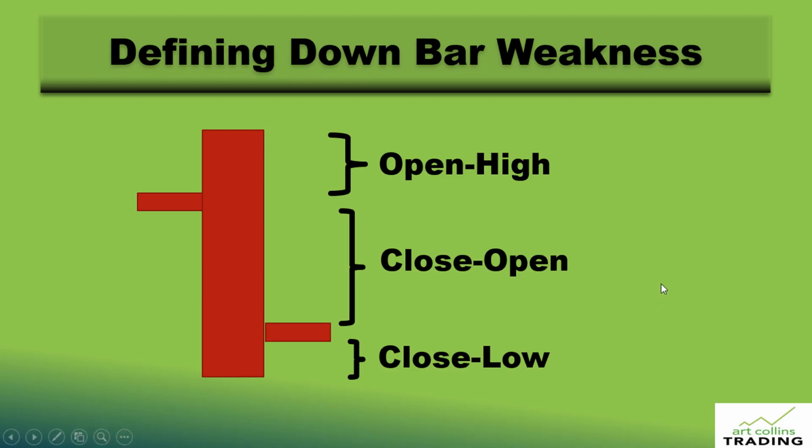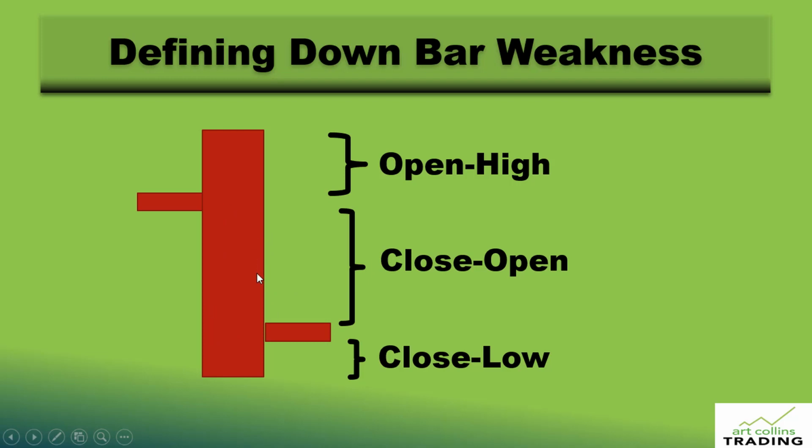Down bar weakness. The open minus the high. We're looking for negative values now. The open to the high would be a negative value because that move up to the high was ultimately a rejection. That went lower.